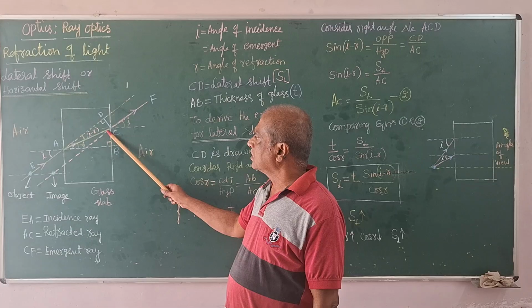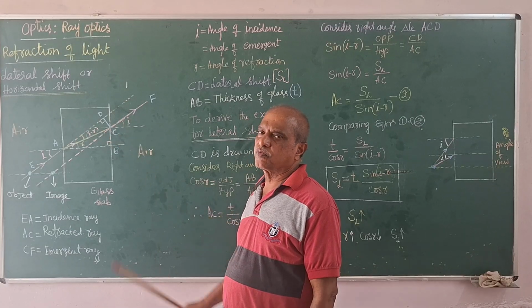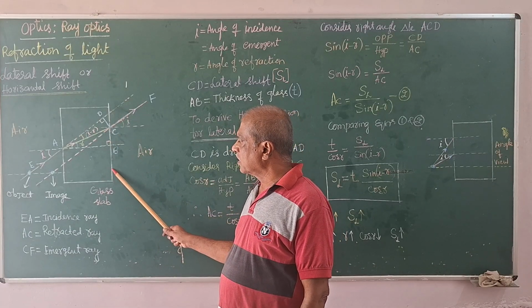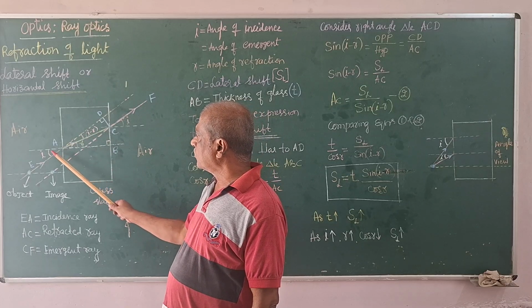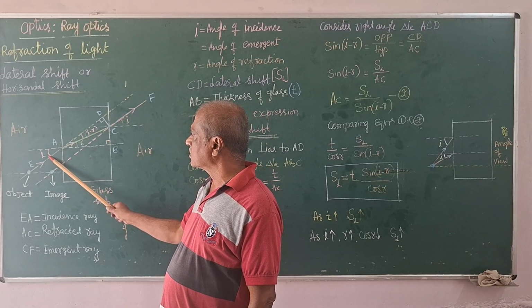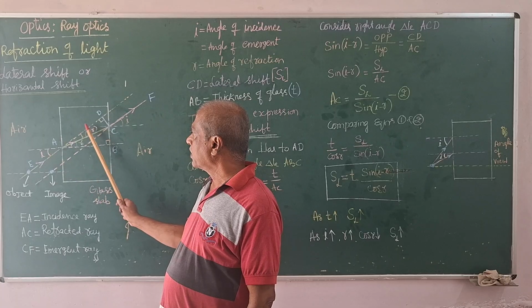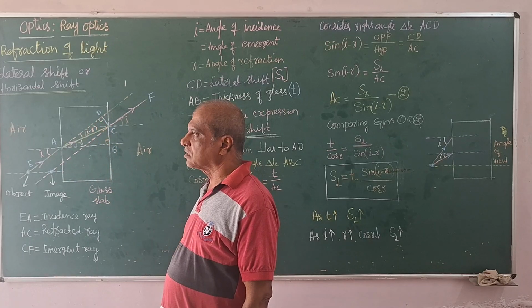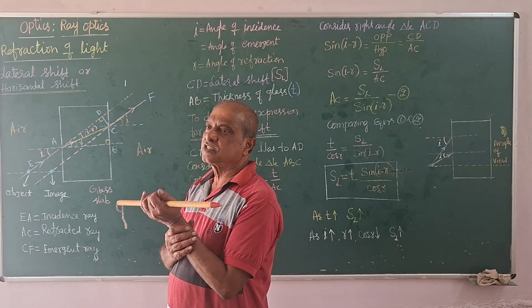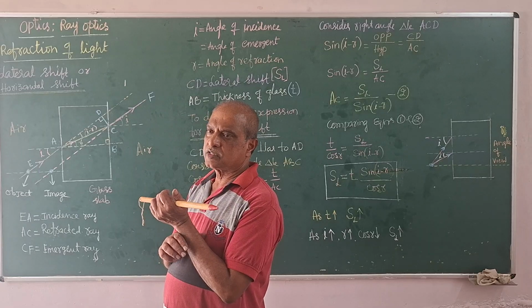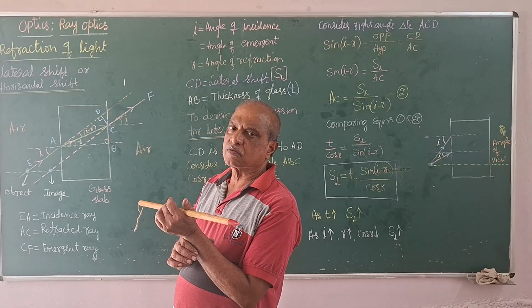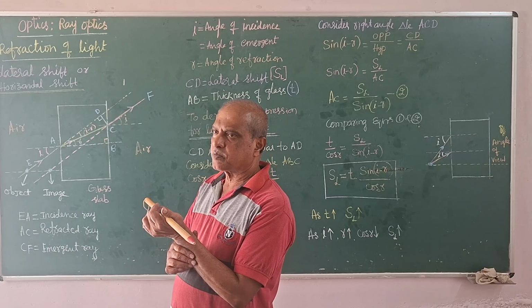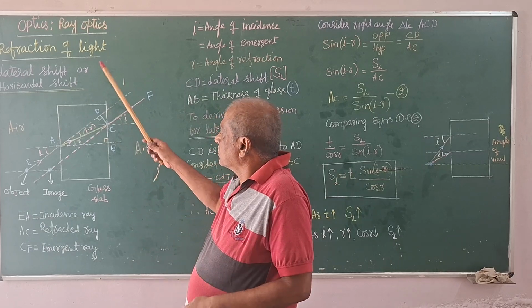That equation is always a function of the thickness of the glass and the angle of incidence. Lateral shift, the distance of separation, depends on these factors. Let us see how we can derive this equation and what equation we get after the derivation, the lateral shift function.